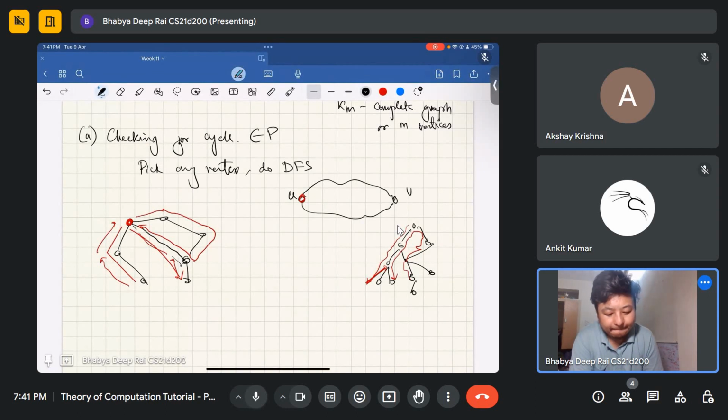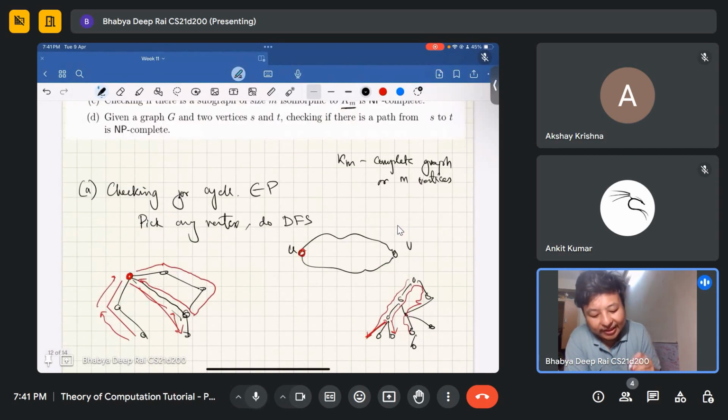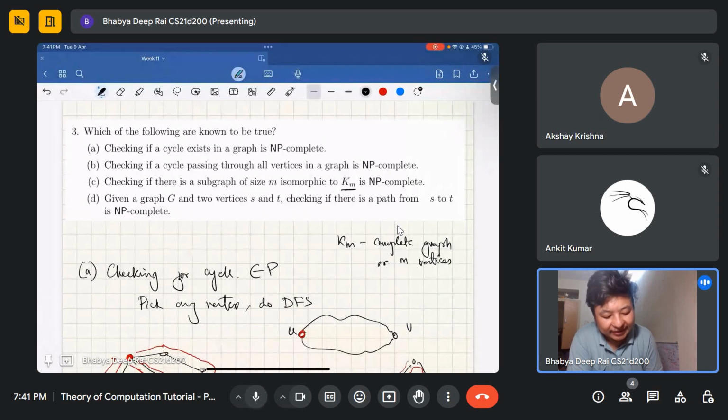Okay, fine. Now, checking if there exists a cycle passing through all vertices in a graph.